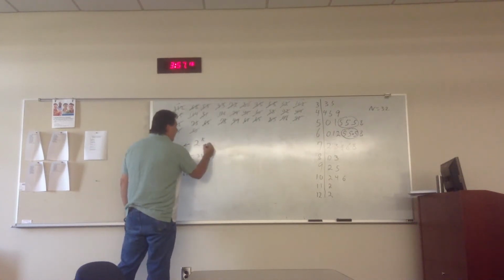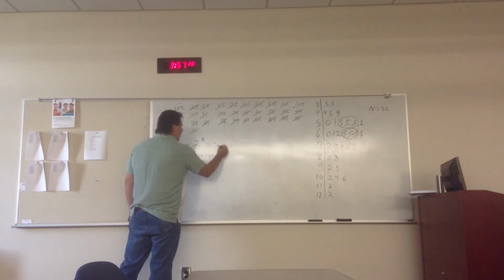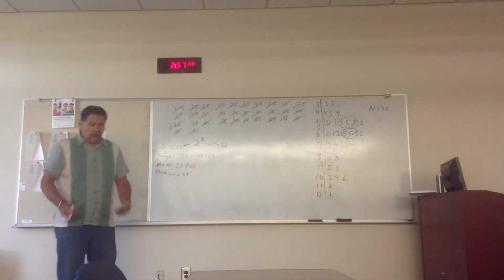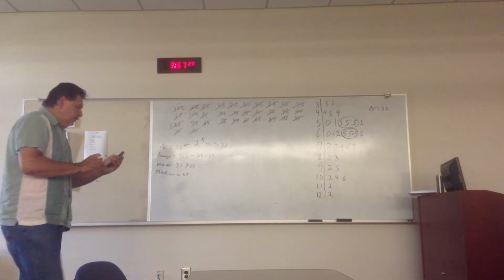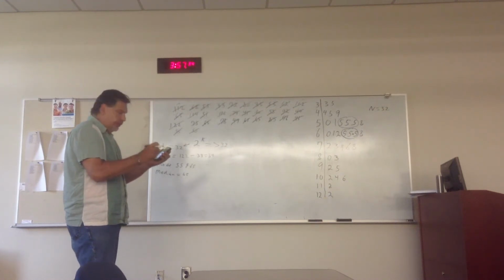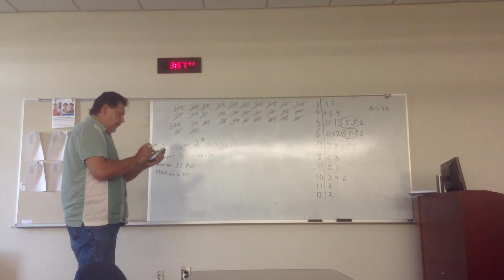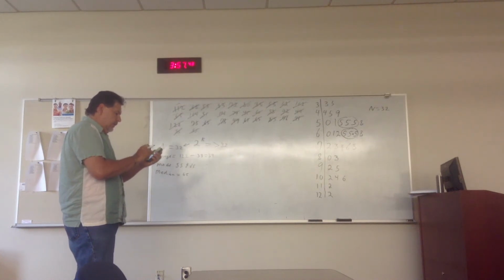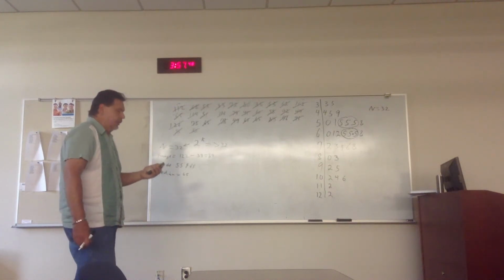So 2 to the kth power is equal to a value that is greater than 32. So if I were to calculate that on my phone, I would need to come up with a number that's greater than 32 by multiplying 2 times itself. So 2 times 2 times 2 times 2 times 2 times 2 is 64, which would be a number greater than 32.